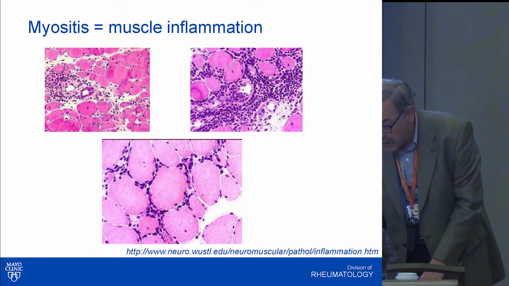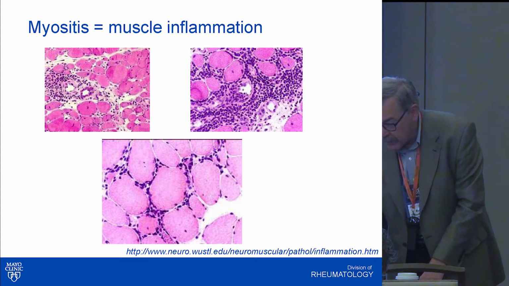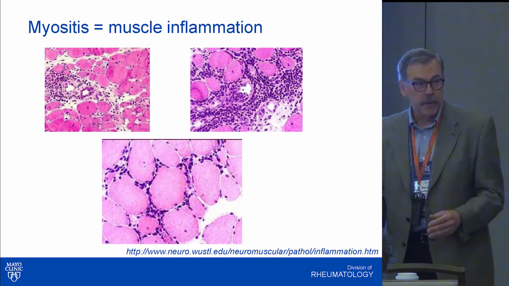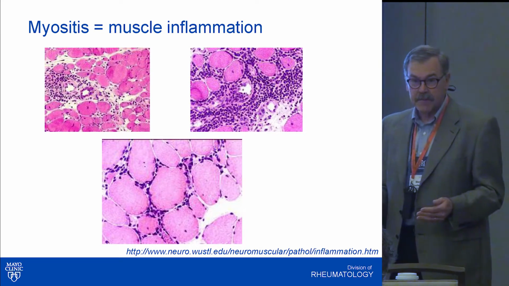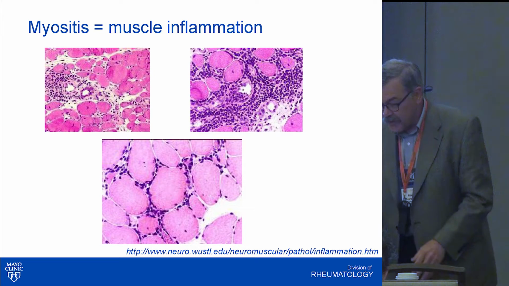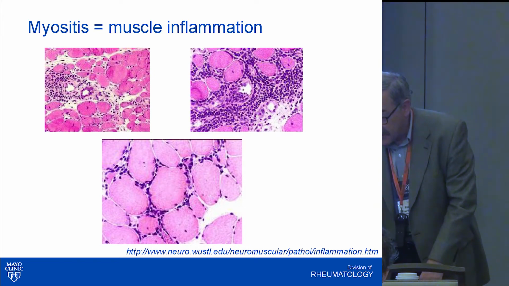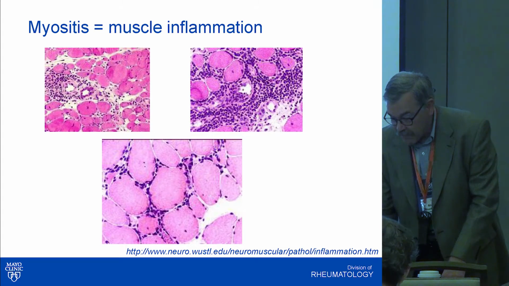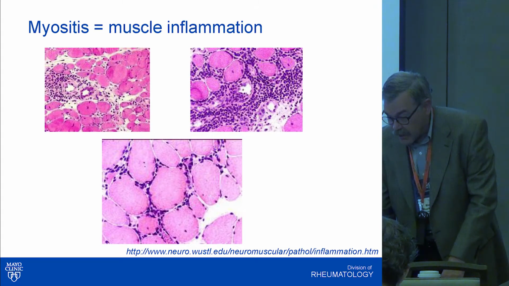Here is a fascicle, sort of this triangular group of muscle fibers, and they're all surrounded by these blue dots, and these blue dots are inflammation cells. And it is the inflammation in this muscle biopsy that is inside the fascicle and surrounding individual muscle fibers.